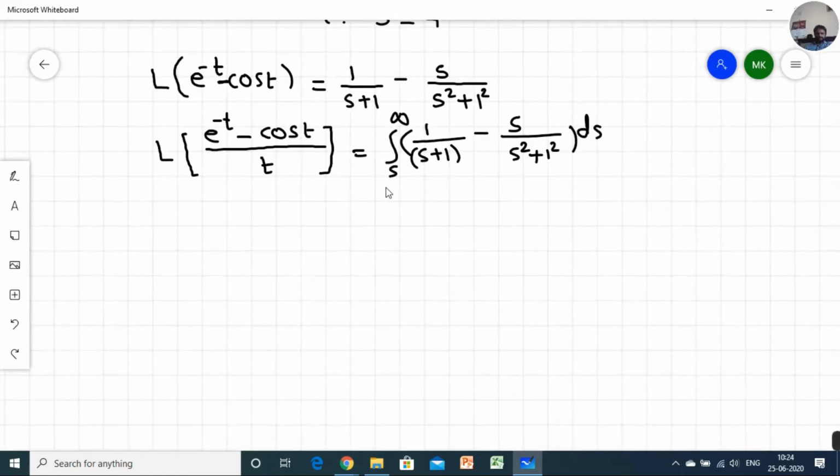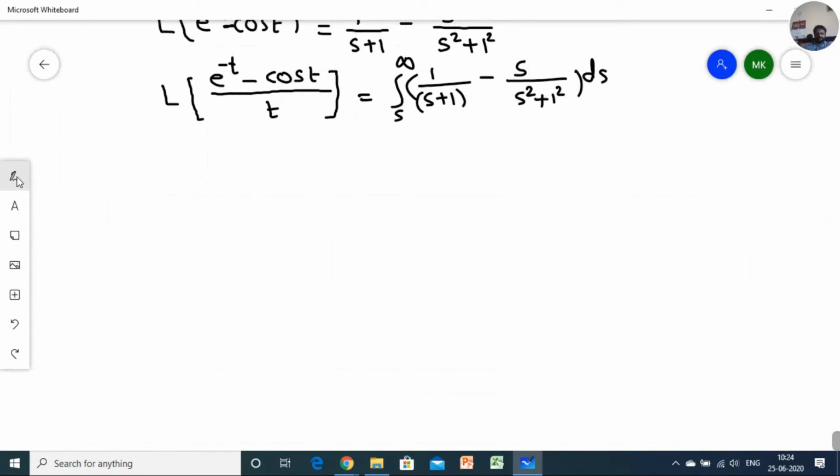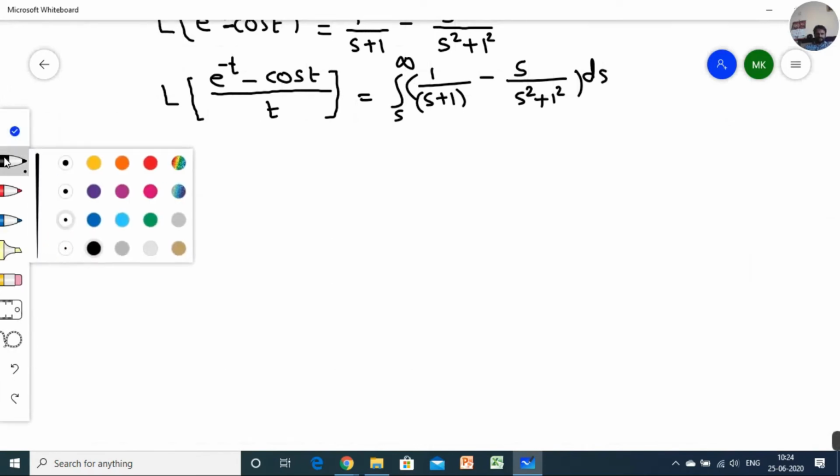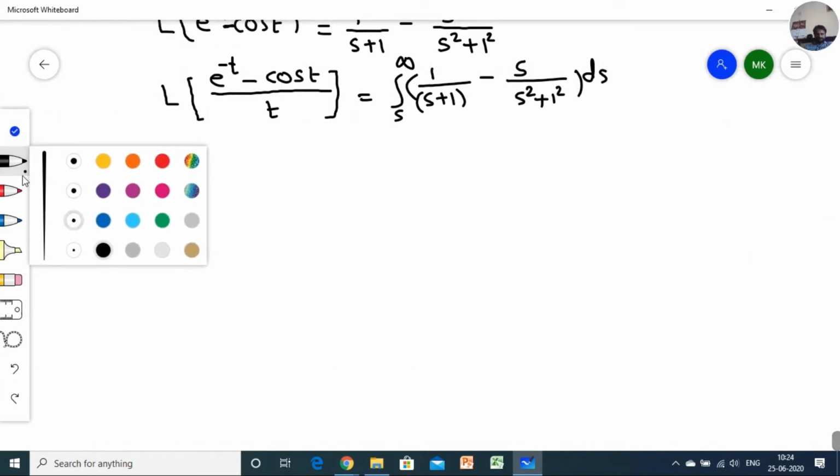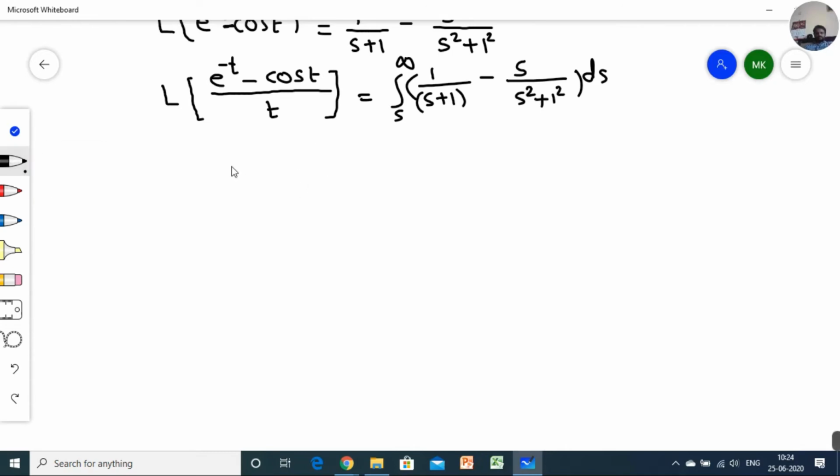Now we have to apply the integration again. But see, this is just a simple integration. We can write that as log of s plus 1, but here you have to adjust the function, so multiply and divide by 2.